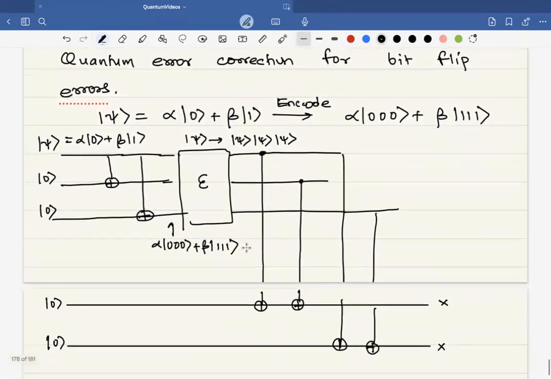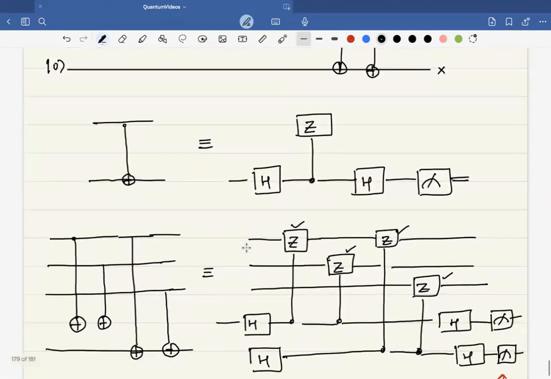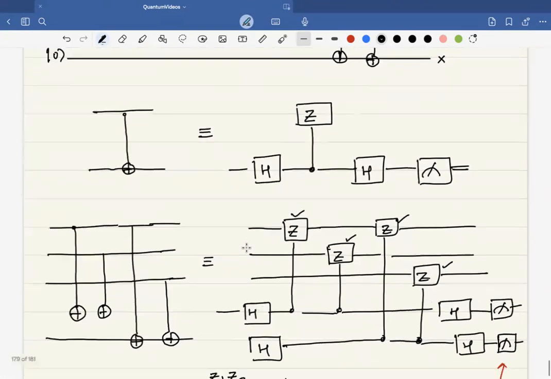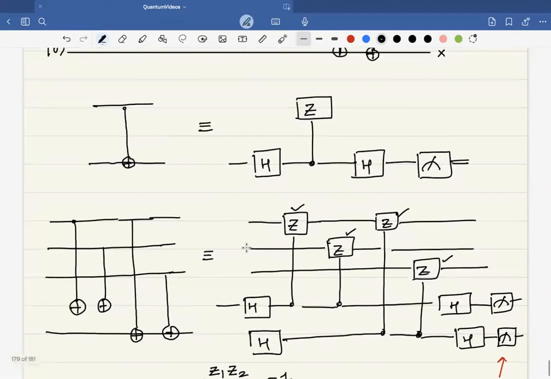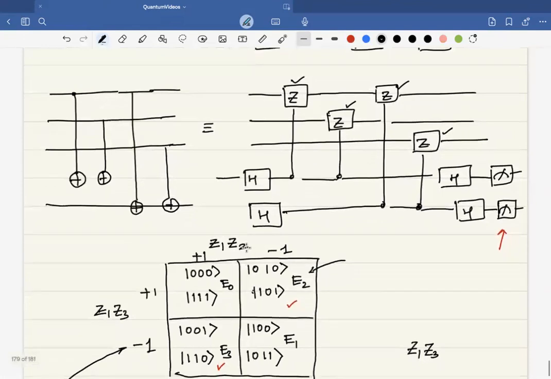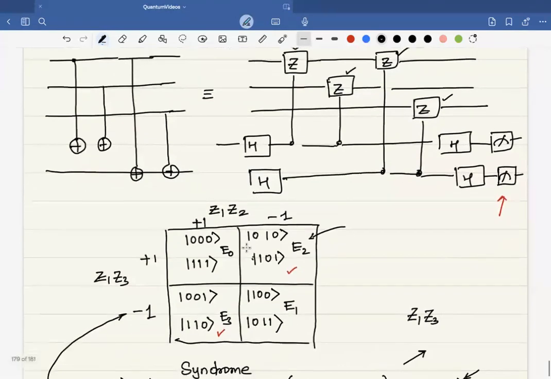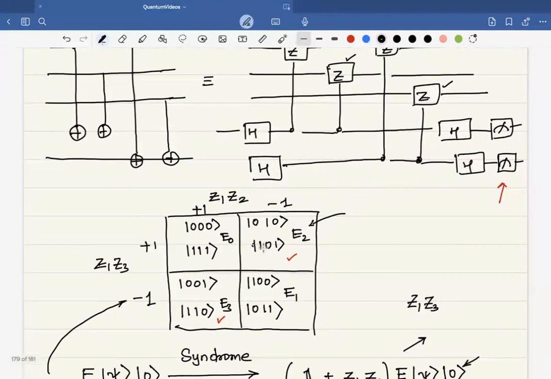And in the bit flip errors, we can write the syndrome detection circuit in the form of these operators, Z operators, which are essentially measurement operators. And what happens is that essentially the type of errors which we are trying to correct, which is either single error occurring on the first qubit or second qubit or the third qubit, essentially partition our Hilbert space into 4 partitions.